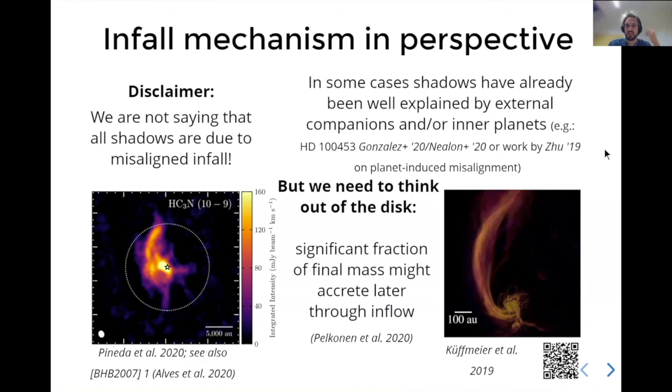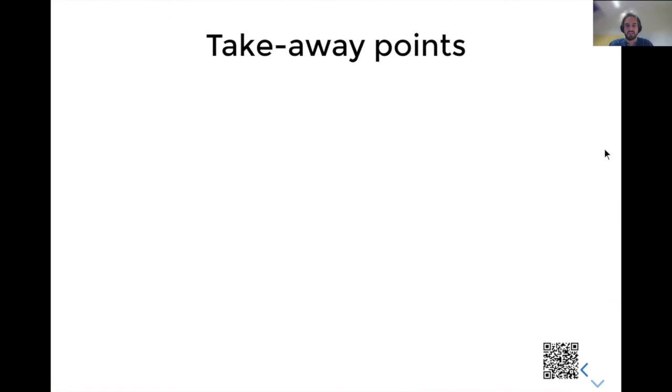And I think it's also important for the discussion later on to think about the environment, maybe also as a support, as it can possibly supply the mass reservoir or also trigger some features in the disk. And I think with that, I'm probably running out of time here.